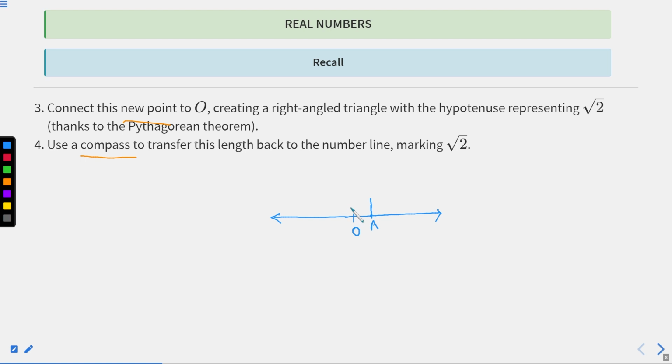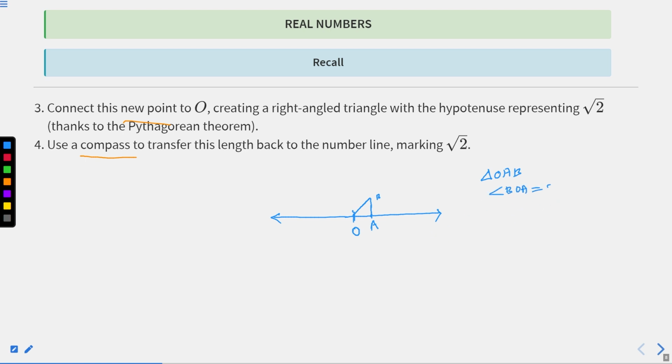Then we connect this new point B with O, and we get this right angle triangle OAB.